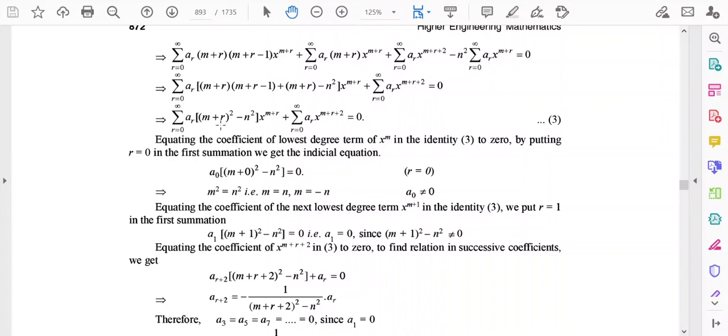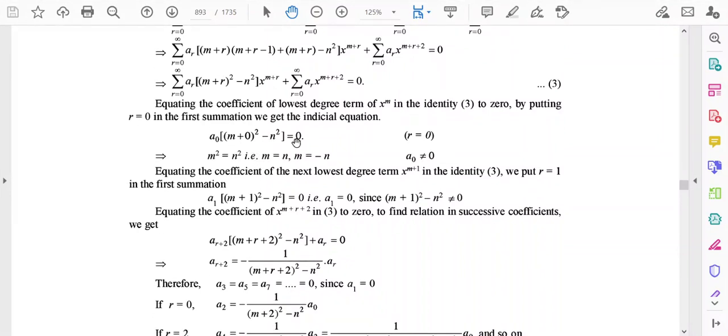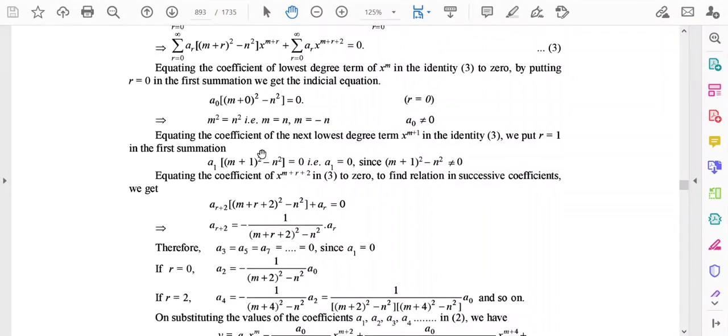Putting r equal to 0 in the first term, we obtain a0 ((m plus 0) whole square minus n square) is equal to 0. That is the coefficient of x to the power m, and we are equating it to 0. So ultimately from this equation we can say that m square is equal to n square, that is, either m is equal to n or m is equal to minus n, because a0 is not equal to 0.